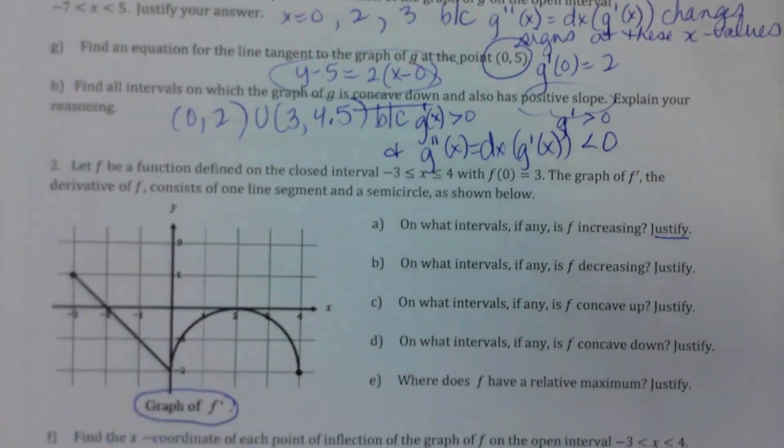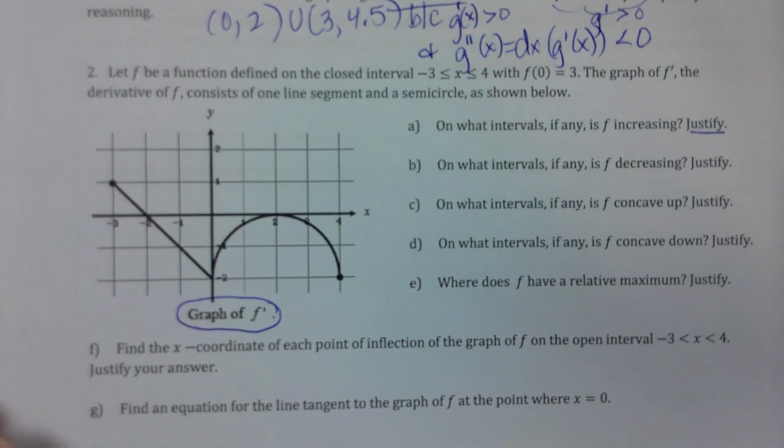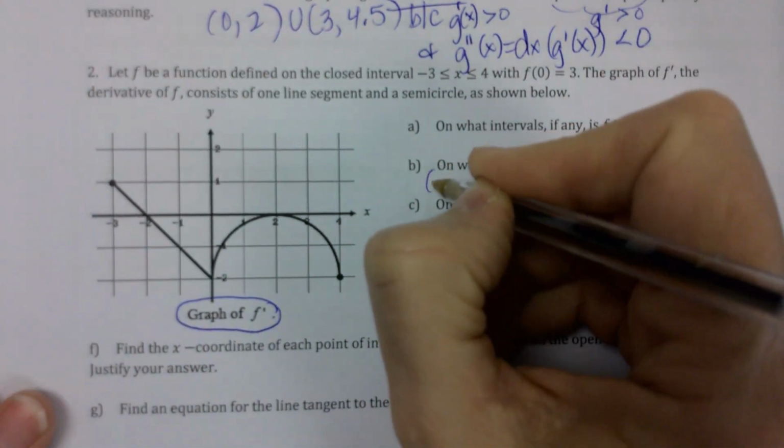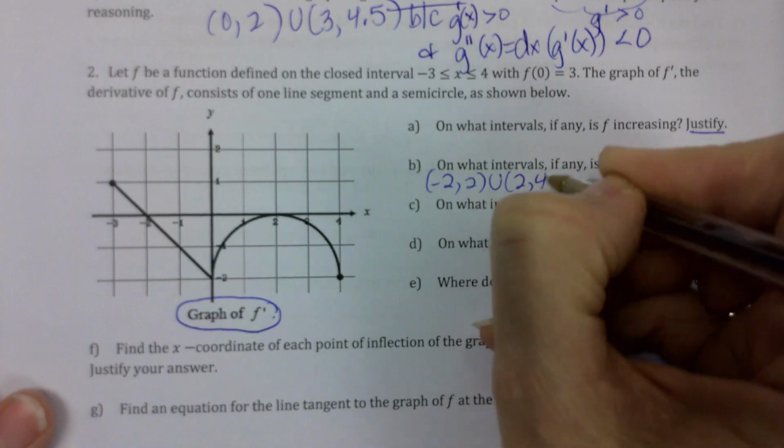All right, so on what intervals? For B, the first interval from negative 2 to 2, and 2 to 4. I would definitely say negative 2 to 2 and 2 to 4.